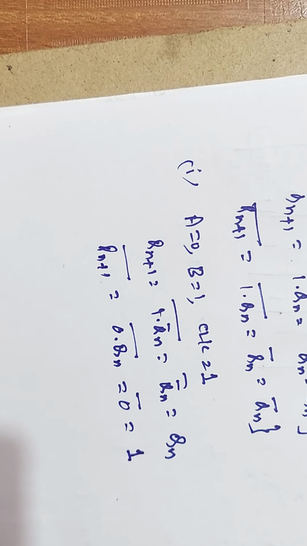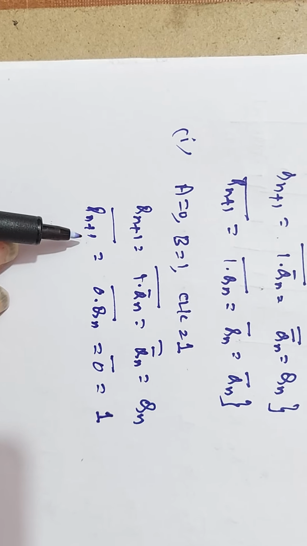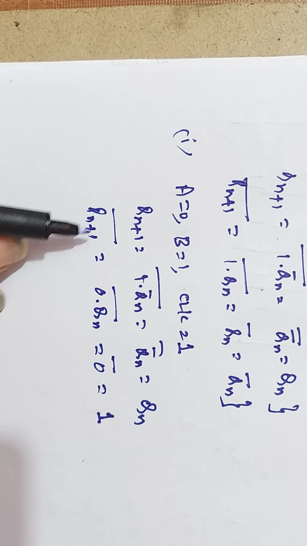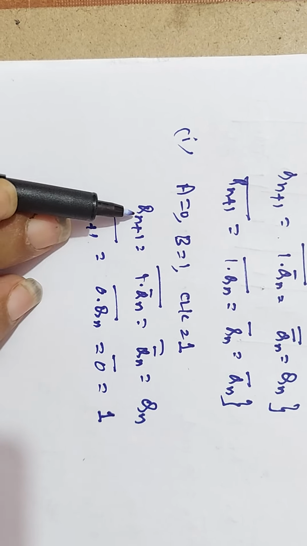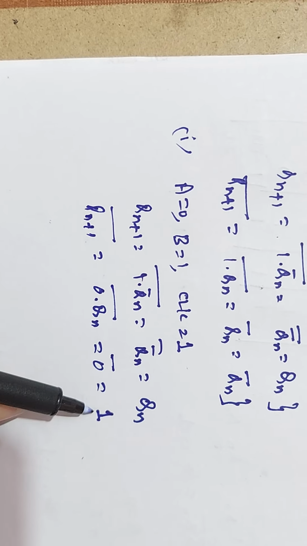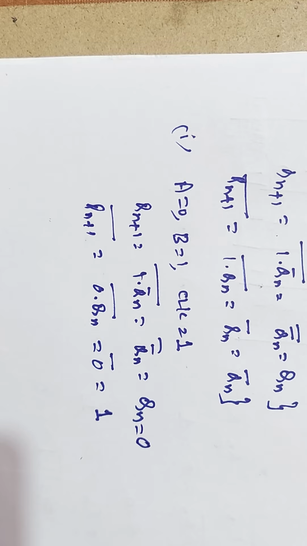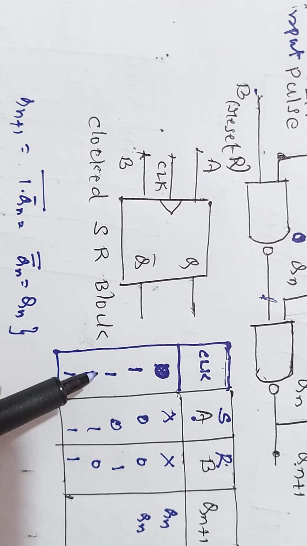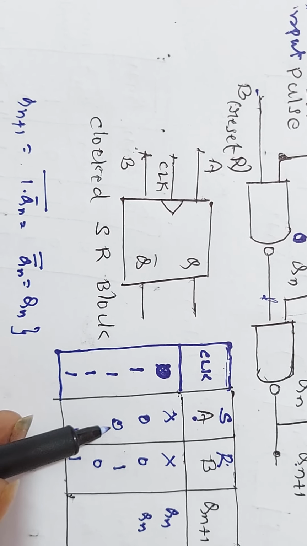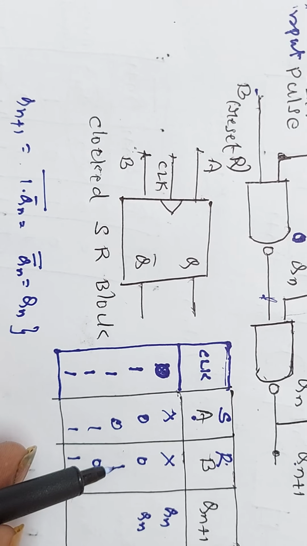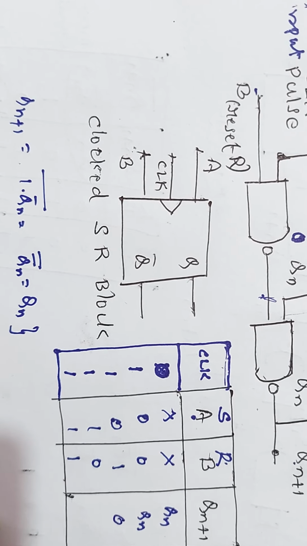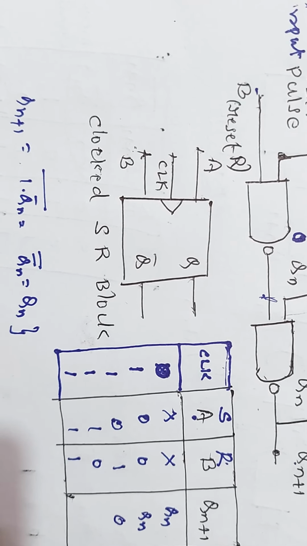And we know that if Qn plus 1 bar is 1, what should be Qn plus 1? It should be opposite to this, complementary to this. Therefore, this Qn goes to 0. Thus, when the clock pulse is present, when S equals 0, R equals 1, the output is 0 and this output is 1.